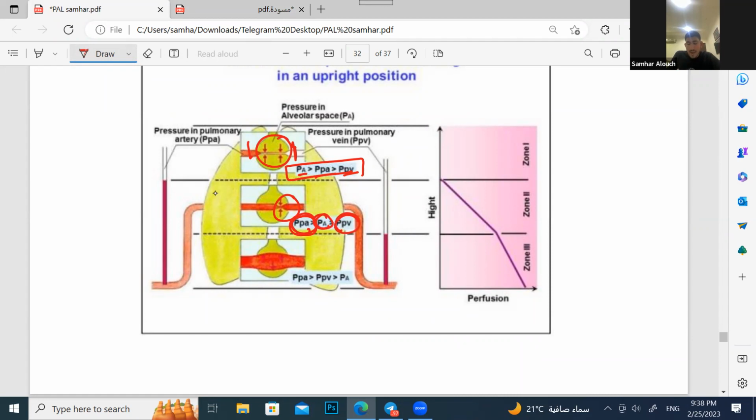At the end, it doesn't have that much oxygen, and so it doesn't compress at all. So the artery is higher than the venous, and the venous is higher than the alveoli. Now, when the blood vessels get constricted or compressed, do you imagine that it will have a high blood flow or low blood flow?